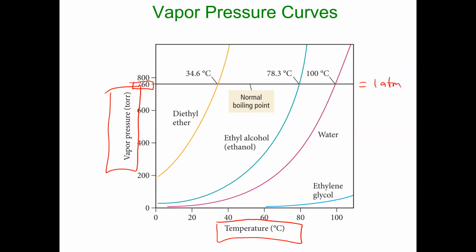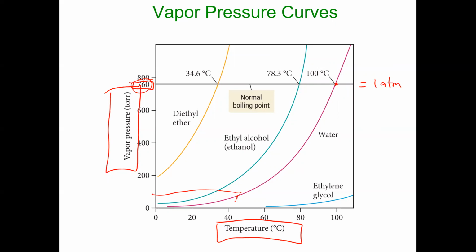And what we see is when water, so here's the water vapor pressure curve, at 1 atmosphere, it requires 100 degrees Celsius to completely vaporize. At lower temperatures, you still have some vaporization, but you don't have a complete 1 atmosphere.